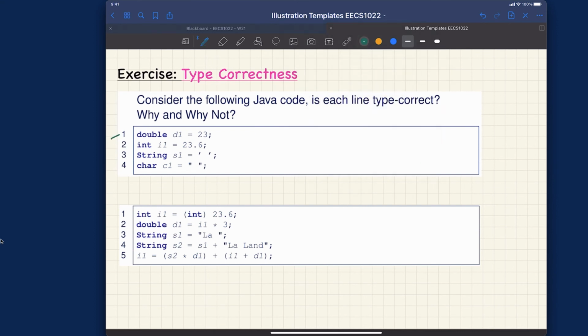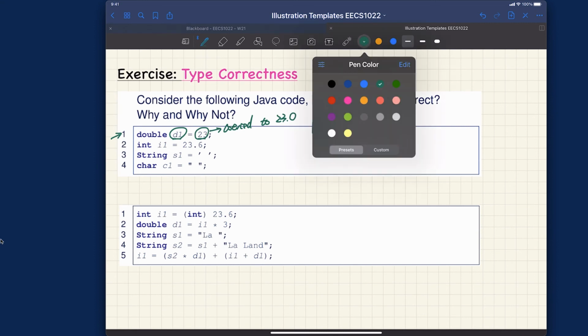This one seems to be type correct because we're going to store an integer into a double. What's going to happen is there will be coercion, so this will be coerced to 23.0, and D1 will contain 23.0. So what about the next one?